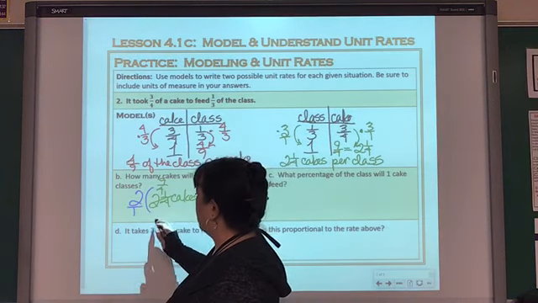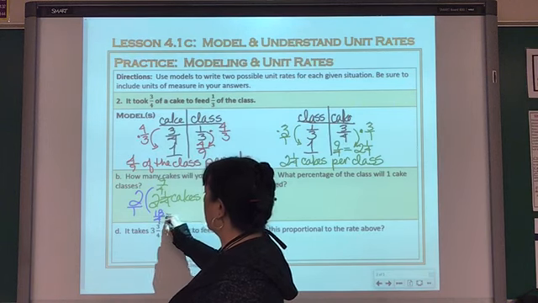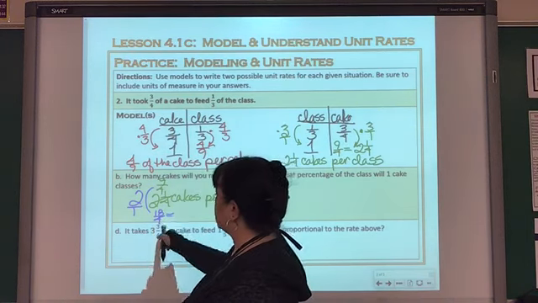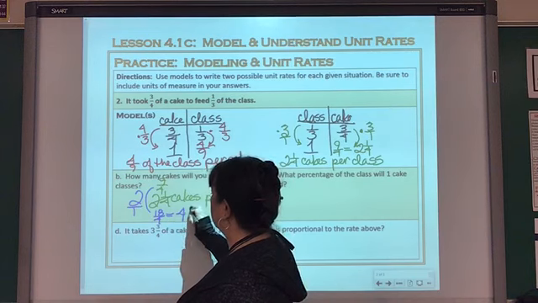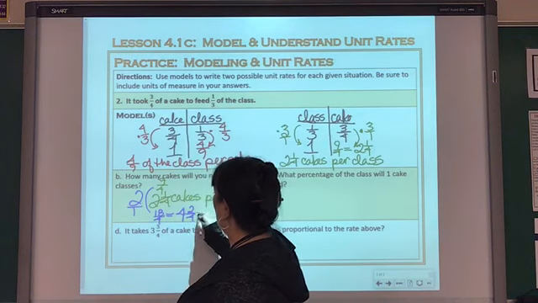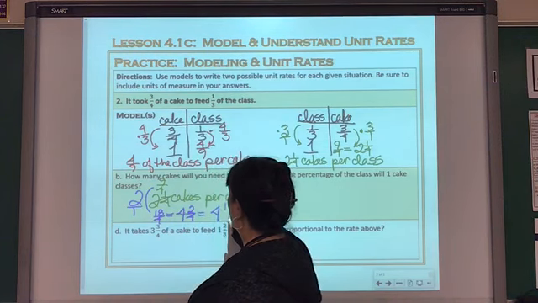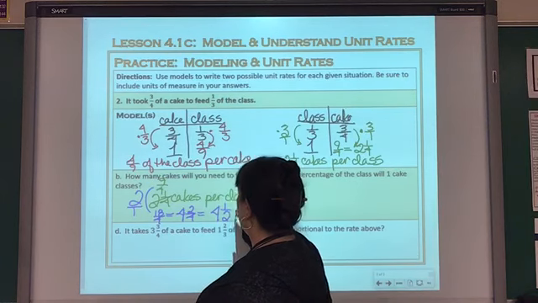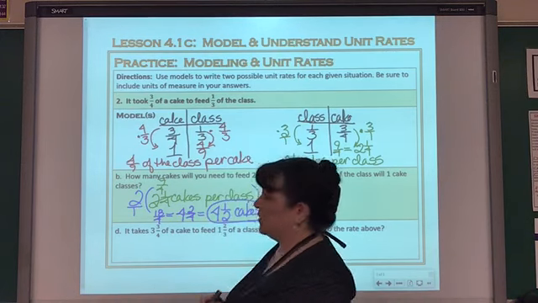If you do, that would be 18/4. 18/4 simplifies out to be 4 2/4, or 4 1/2 cakes to feed 2 classes.